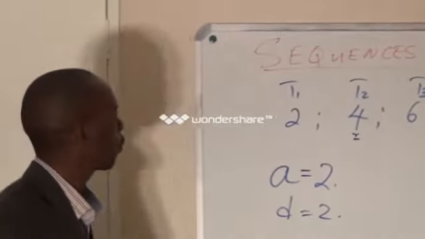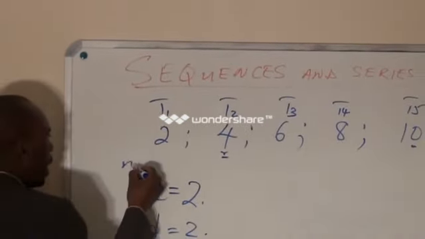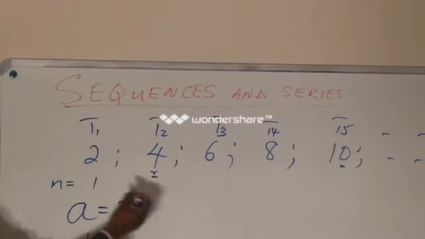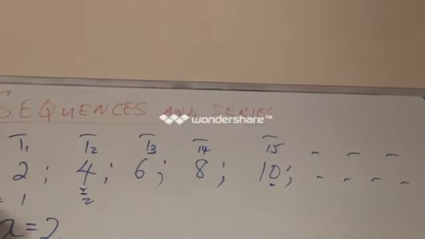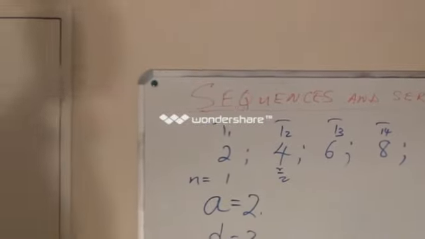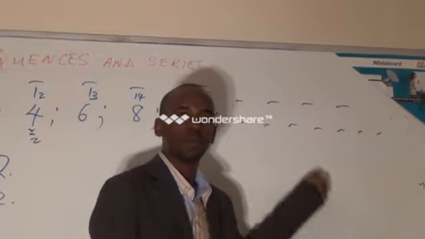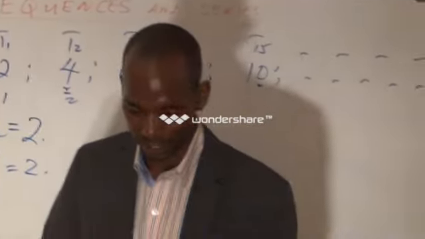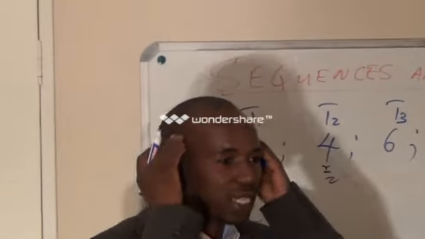If we try to talk of a general nth term, or just in general n, we are saying T1 is n equal to 1, T2 is n equal to 2, T3 is n equal to 3, and we continue. Now I want to ask you, if somebody were to come to you and say, give us the 25th term of this sequence, how would we find it?